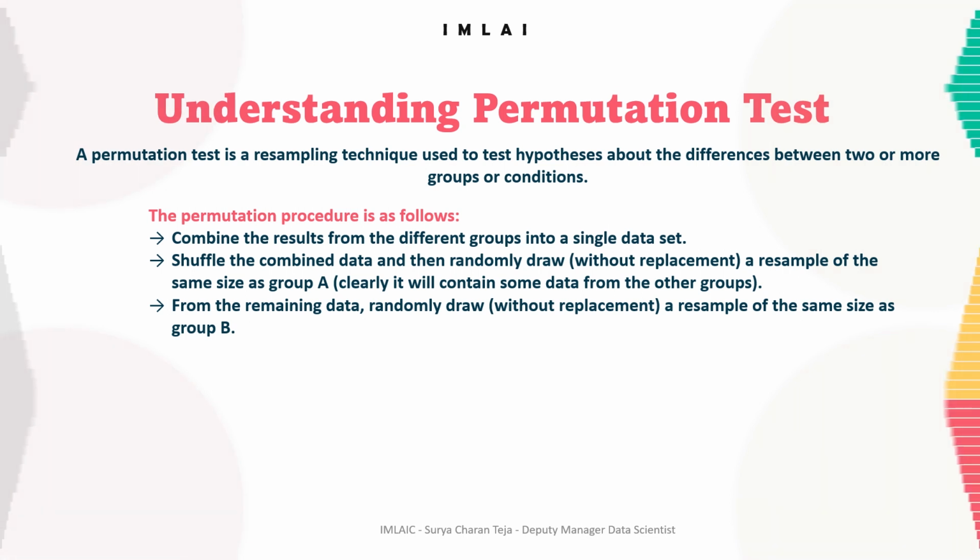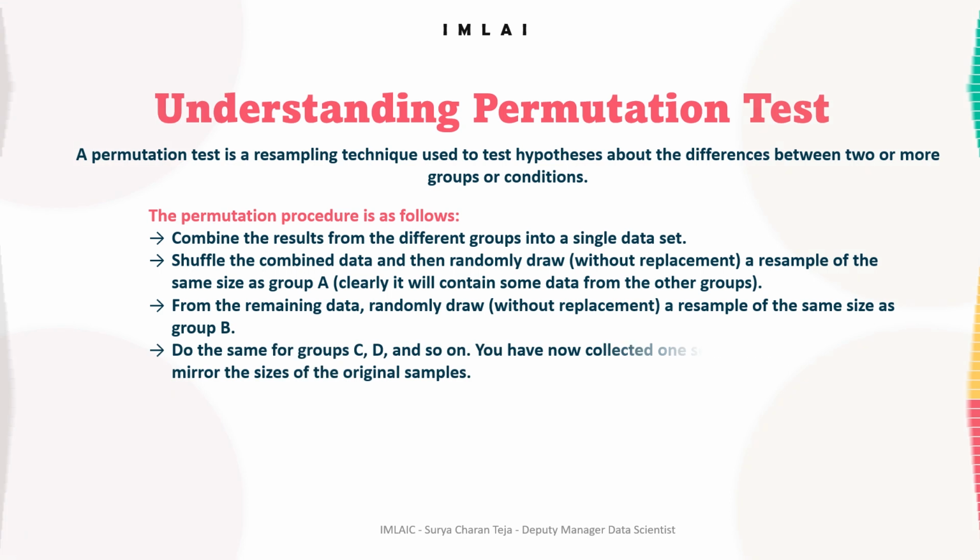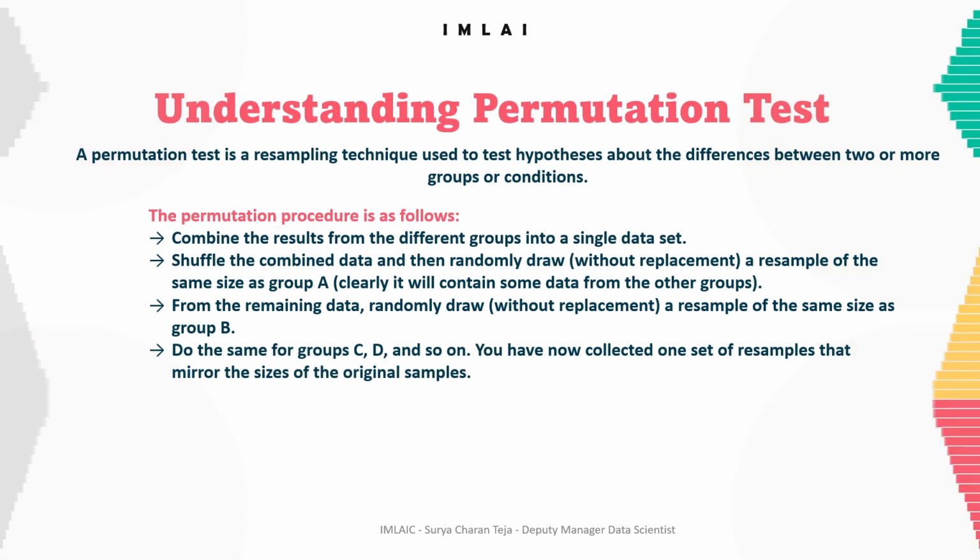Then the fourth step is to do the same for groups C and D. If you have more categories, you have to do the same for groups C and D and so on. If you are just doing A/B testing, in that case you don't need to do all those things. Just two groups, group A and group B, is done.